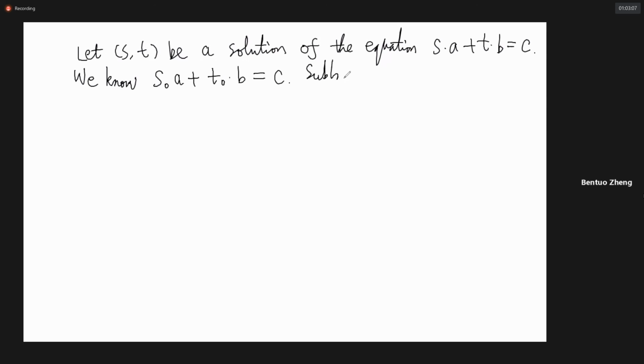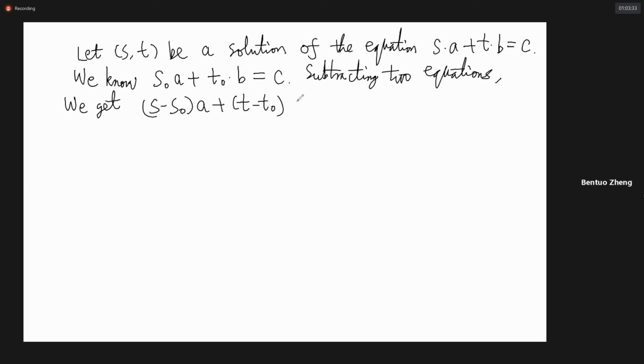Subtracting these two equations, we get S minus S0 times A plus T minus T0 times B is equal to 0.